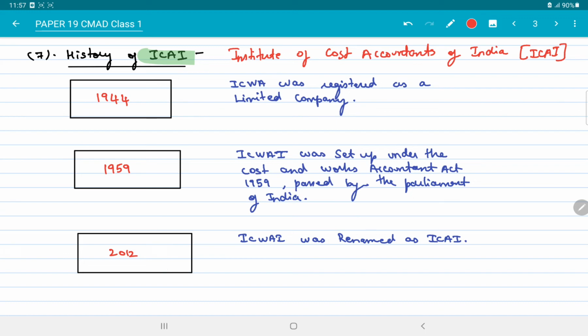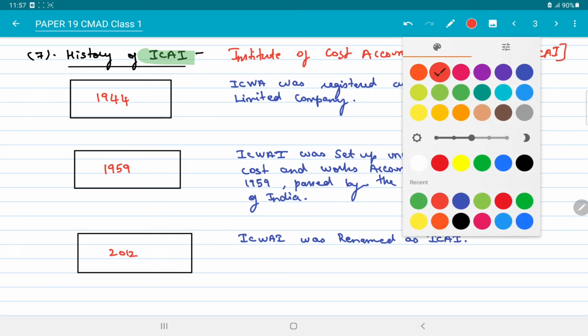People now get confused whether it's a chartered accountant or cost accountant. It's a conflict, but not to discuss more on that, let's discuss the history of our cost accounting institute.